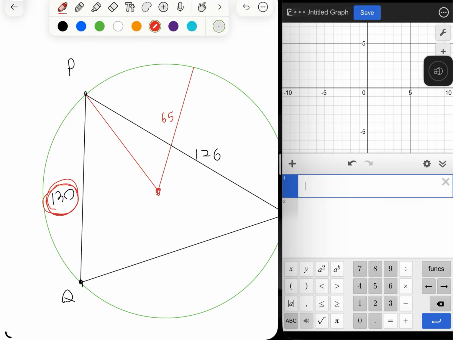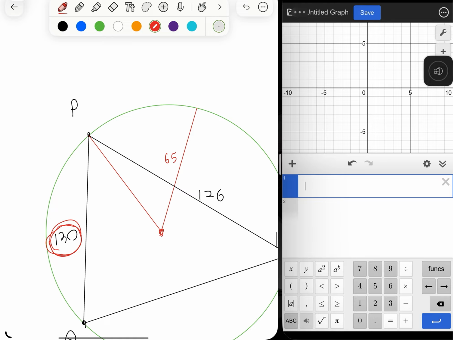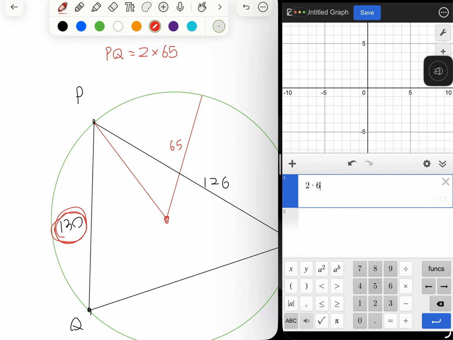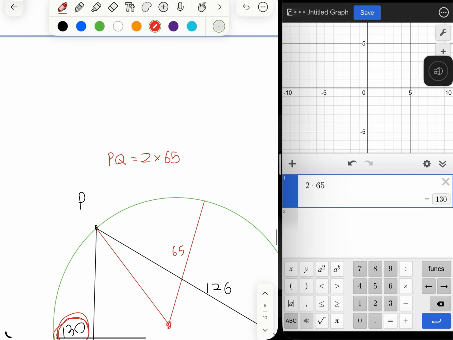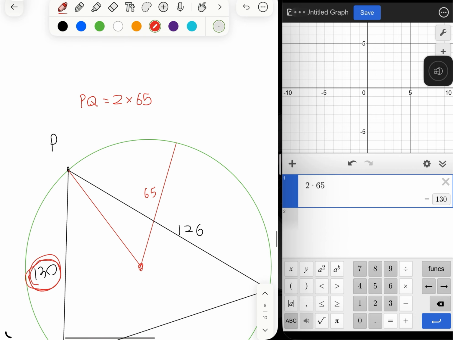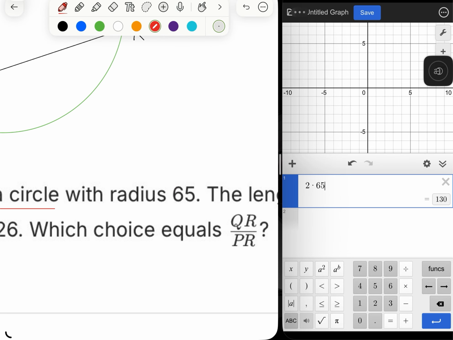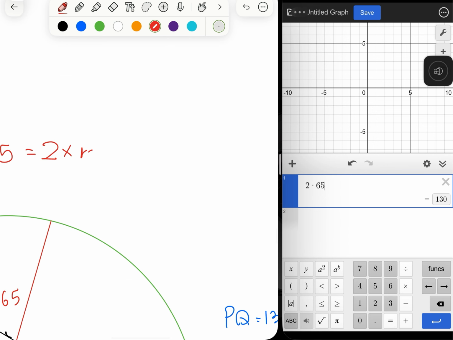PQ is 2 times 65, because 2 times 65 is 130. And 65 is the radius, so PQ is 2 times the radius.